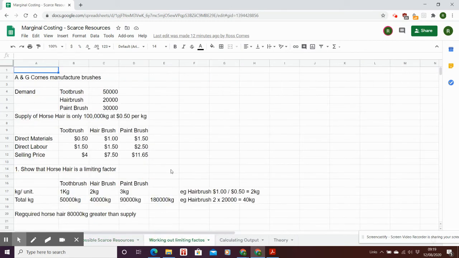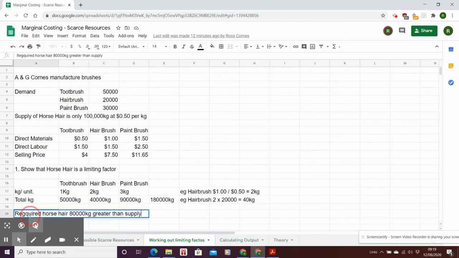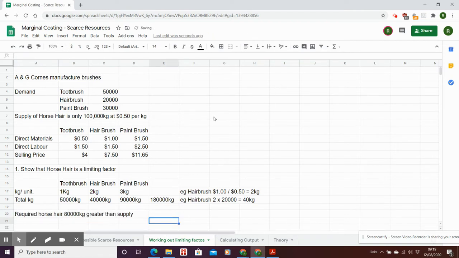Okay, first of all, in an exam question, you might be asked to work out which is the limiting factor, or here what we're going to look at is proving that a particular input is a limiting factor. So we have a business, which is A&G Corns Manufacturing, and they manufacture brushes.